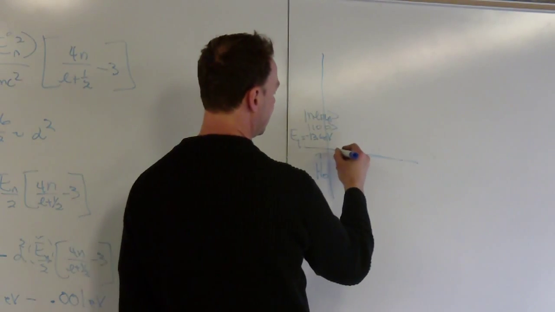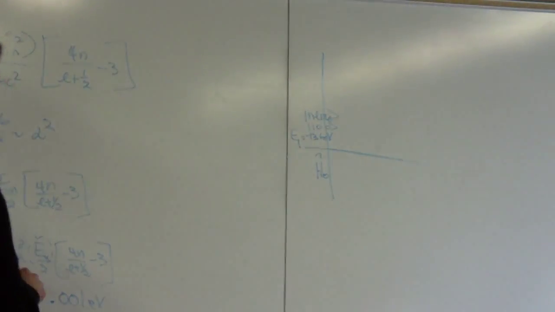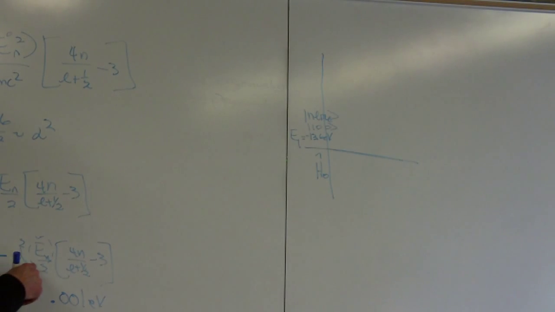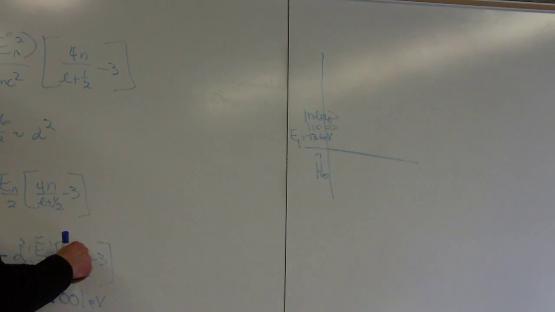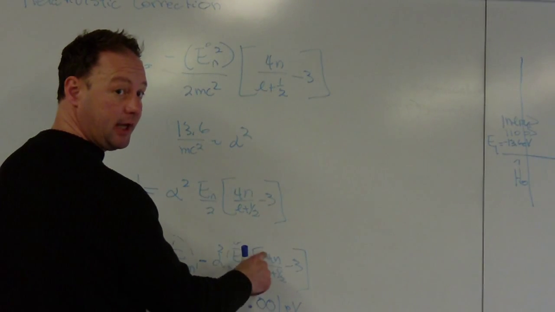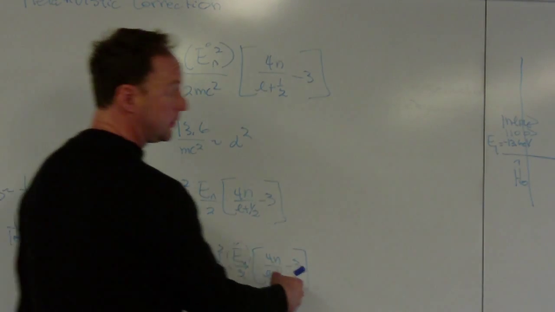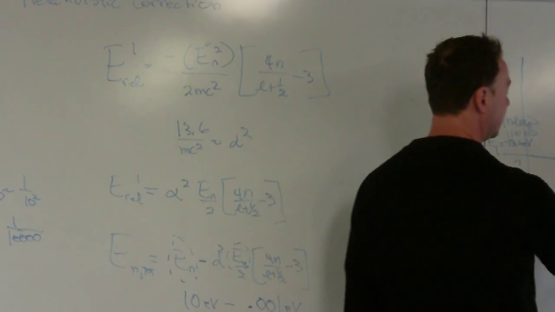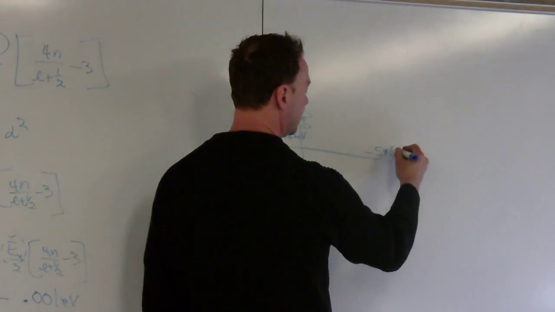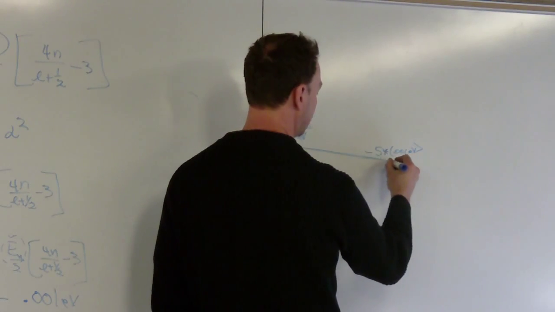So this energy now splits. It's going to be 4 times 1 over a half, which is an 8, minus 3, so it's going to be 5. So it's going to be about minus 5 times 0.001 eV. That's going to bring it down like this.